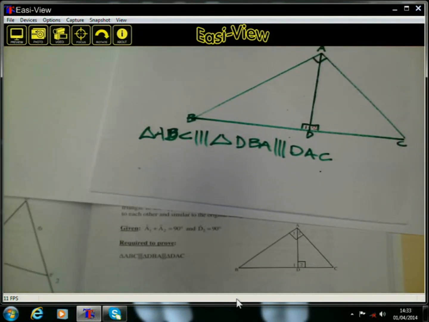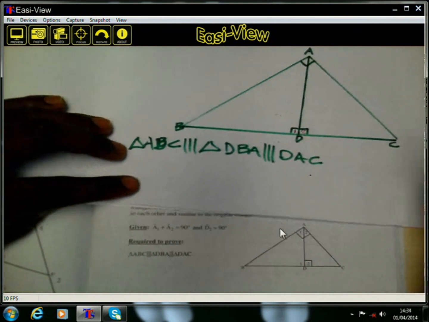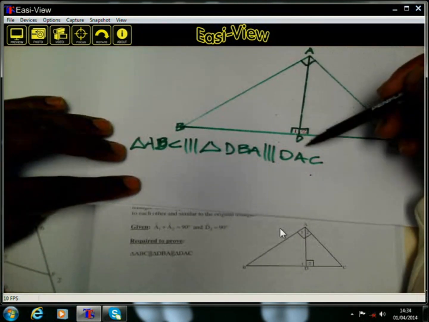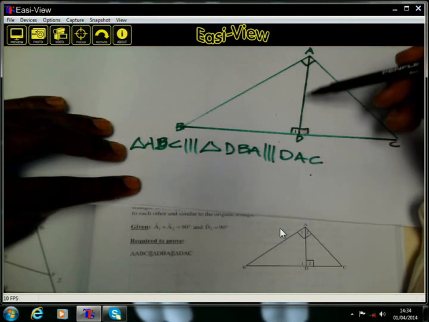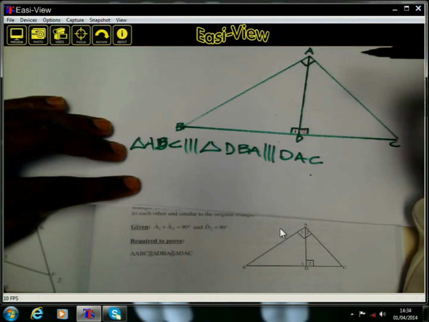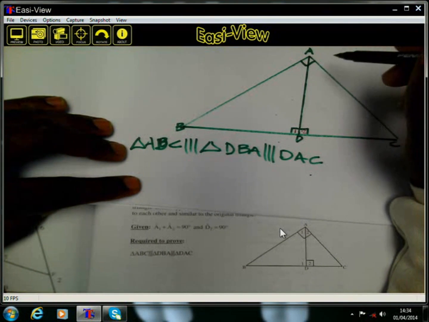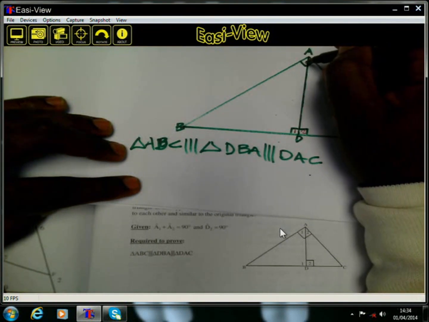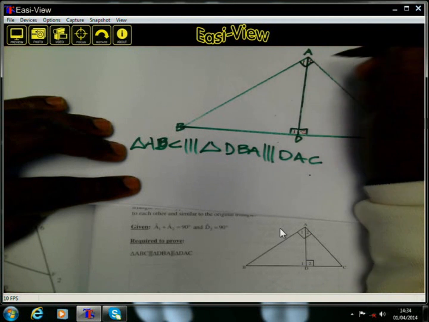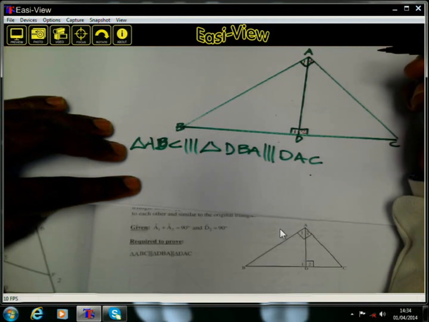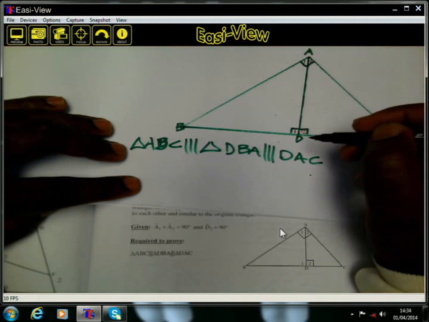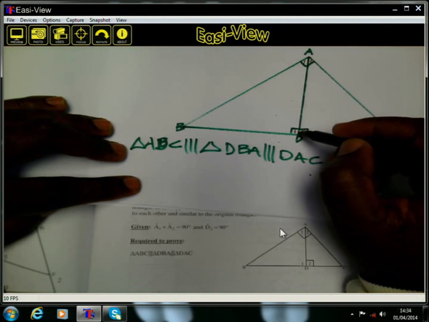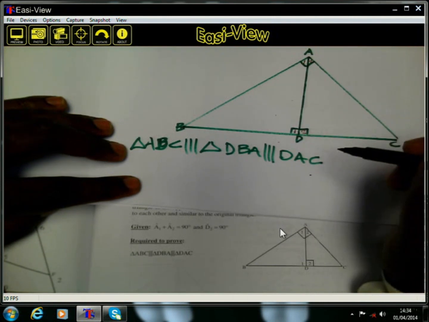Fine. Now I must source out the information given to me. The information given to me was such that when this line AD was drawn, line AD has divided A into A1 and A2, much as it has done with D, having divided D into D1 and D2.